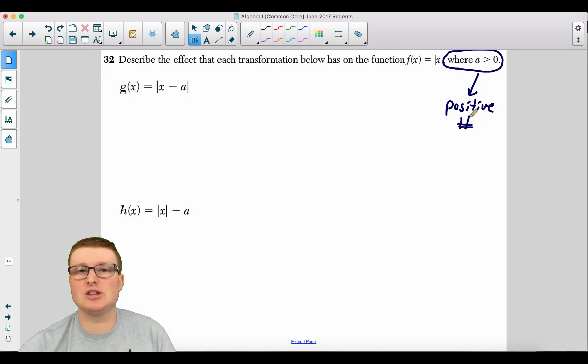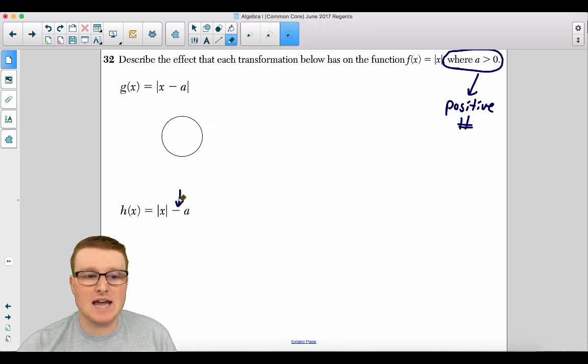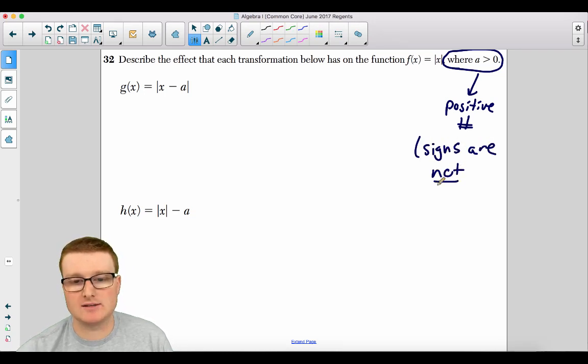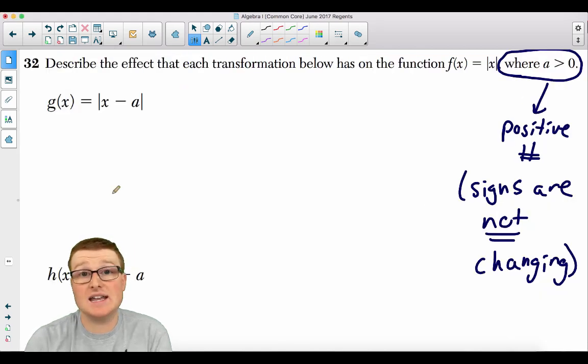The reason they're telling you it's a positive number is that if the sign is negative and the number is right next to it, it's negative. What this is telling you is that the signs are not changing in your equations. That's why they're telling you that. Because if it was negative, it would be a completely different story.